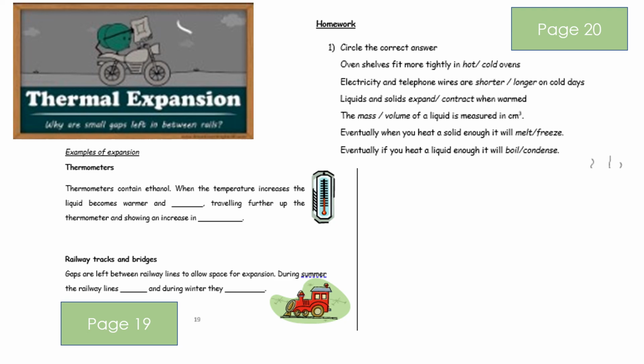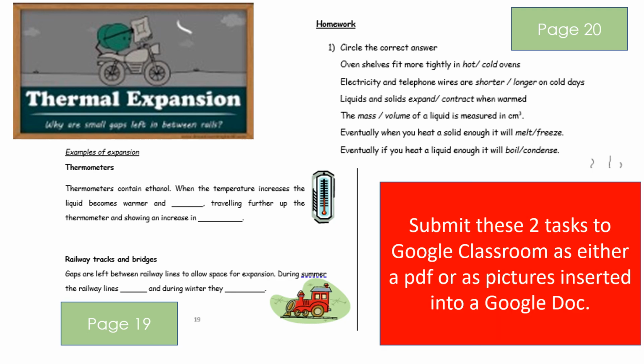Once you have those two tasks finished, then what you need to do is submit these two tasks to Google Classroom and do it either as a PDF or as pictures inserted into a Google Doc. And you will see the Google Docs assigned to this assignment. You can use them, or remember, you can do it as a PDF because it's much quicker for you in the long run in terms of waiting for it to submit.